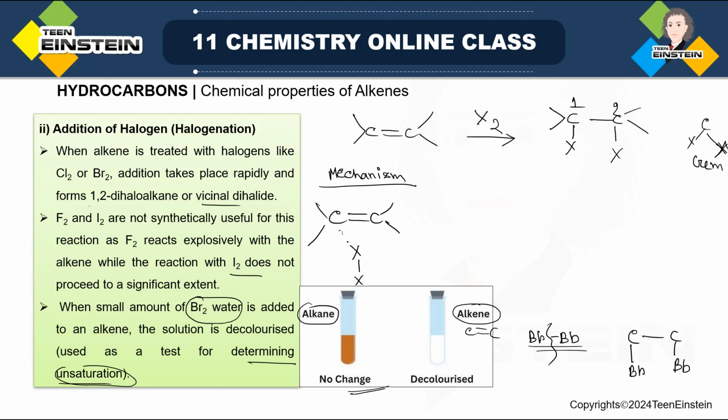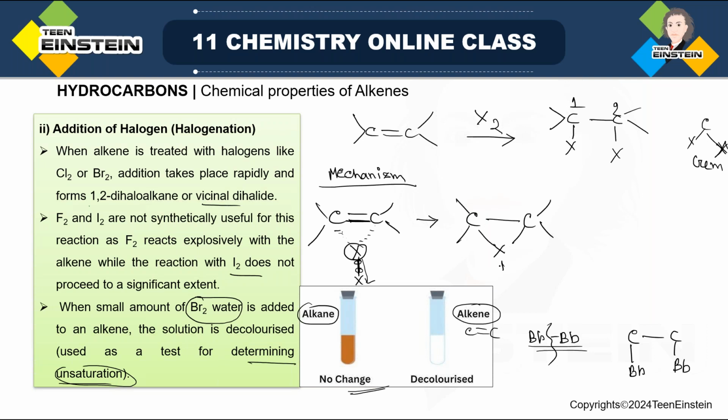There will first be some interaction of the pi electron cloud with one of these X atoms. When this happens, there will be some electron displacement. As the pi electrons are attracted towards one of the halogen terminals, the two electrons will be shifted to the other terminal, and this part will be attached to the C=C double bond unit like this.